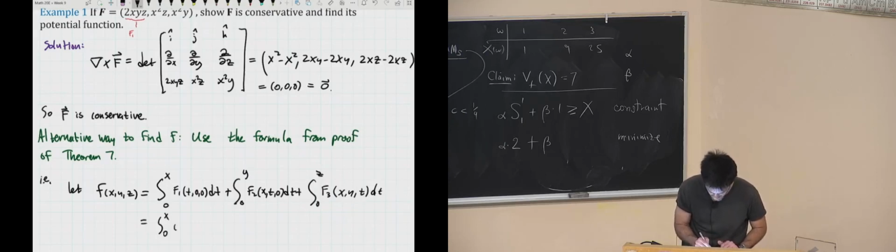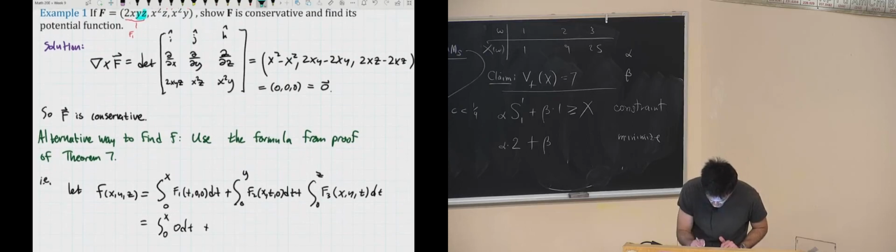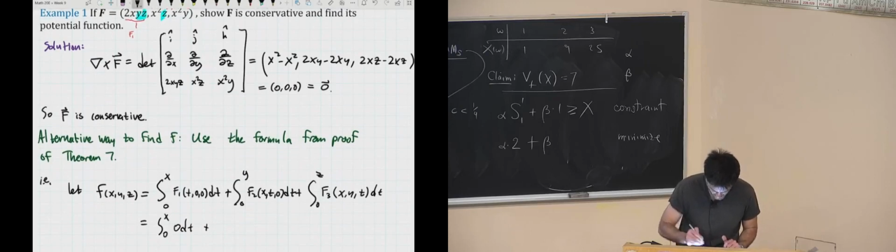f1 of t, 0, 0 is 0, right? Because z is 0 and y is 0. Similarly, f2 of x, t, 0 is 0. The only non-zero term is the last term.